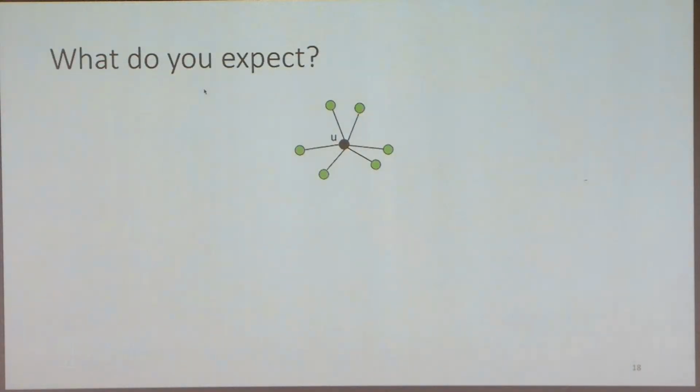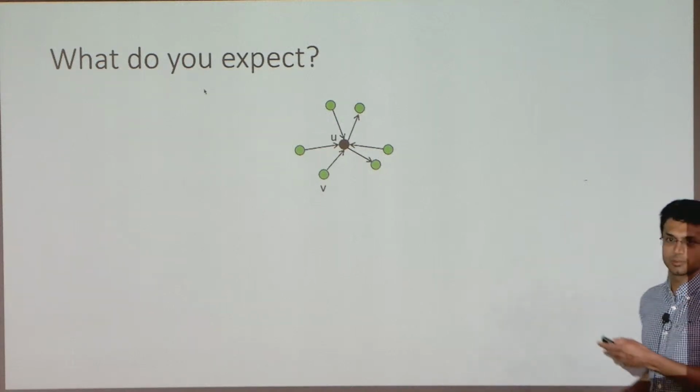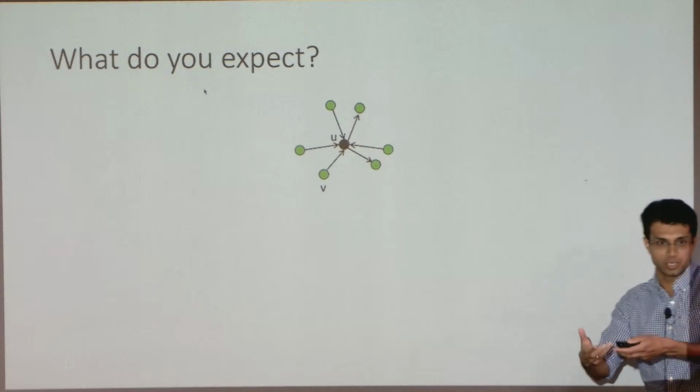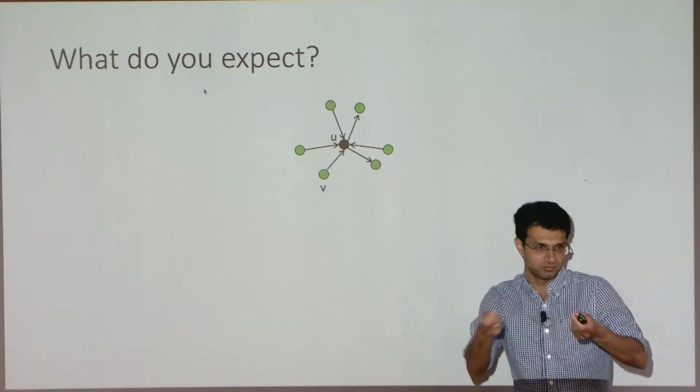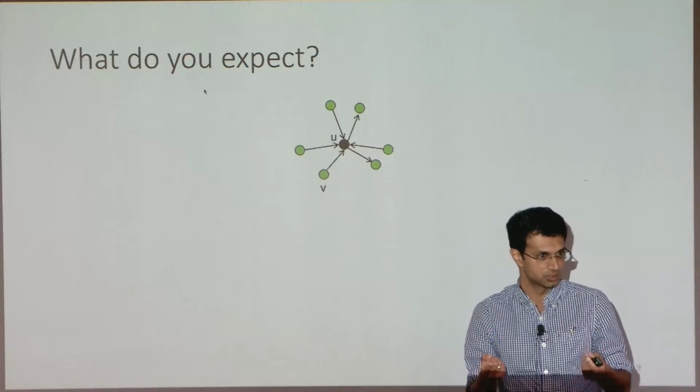So let's analyze the expectation of this random variable. Here's this vertex u. You queried this random vertex u. You're looking at the neighbors in green. And by the orientation, some of these edges are going to point inwards and some are pointing outwards. Again, we don't know the orientation, but implicitly the algorithm, when it looks at two vertices, can figure out the orientation by querying the degrees.